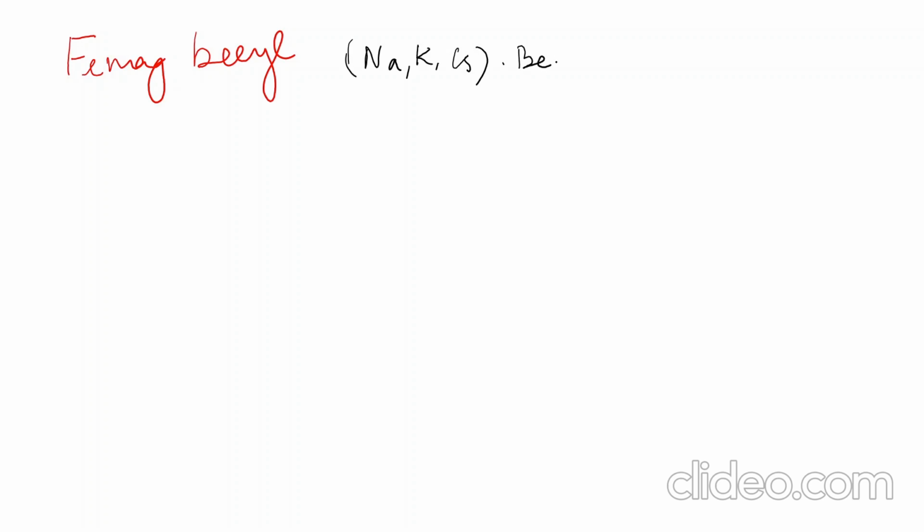An end member component, Famac beryl, has been found out. The composition of the Famac beryl has been given as sodium, potassium, cesium, then Be3, R2+, R3+, Si6O.